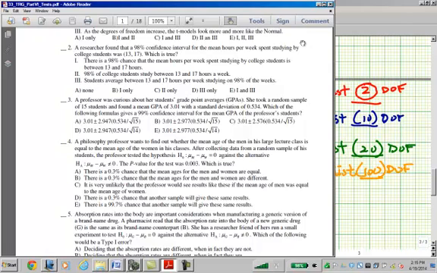Let's see. We are doing a 99% confidence.